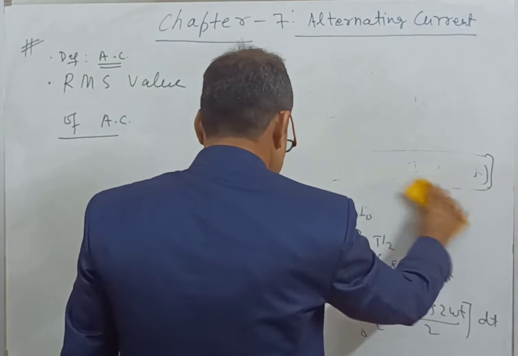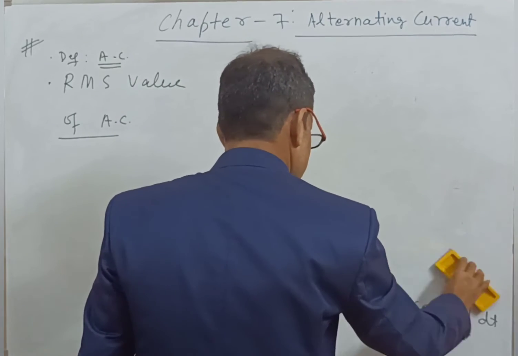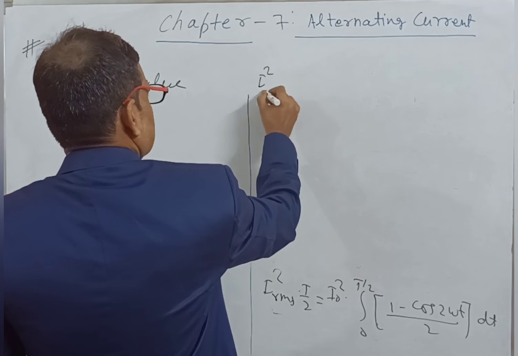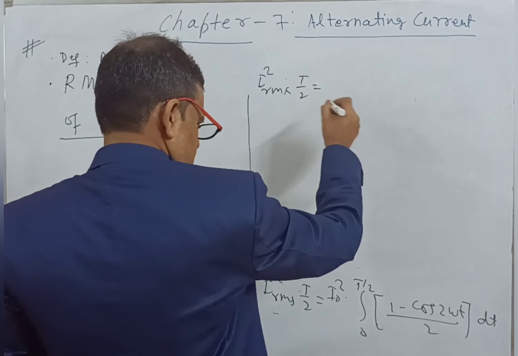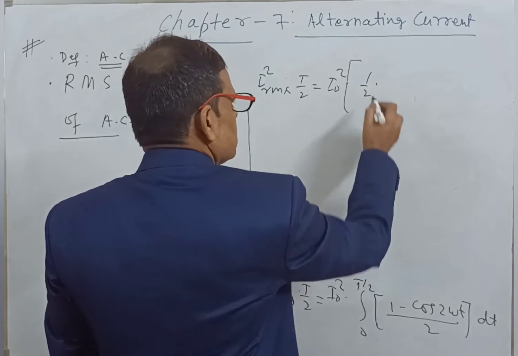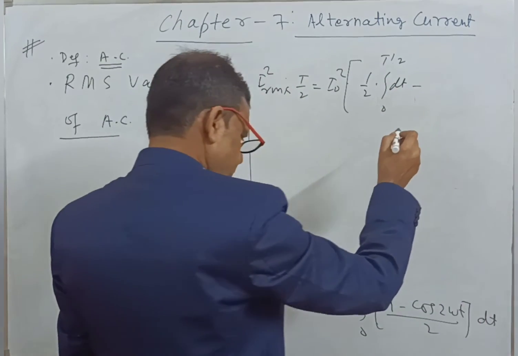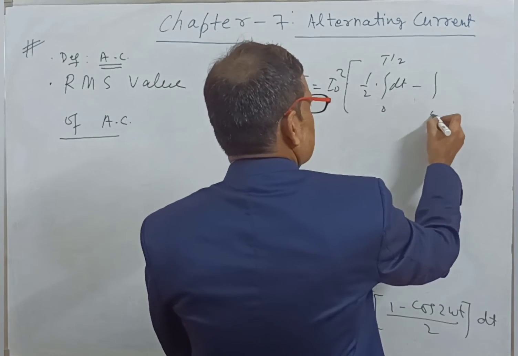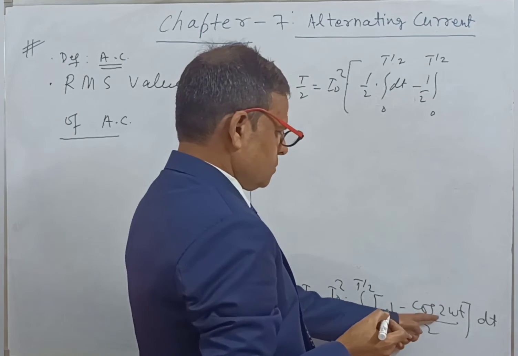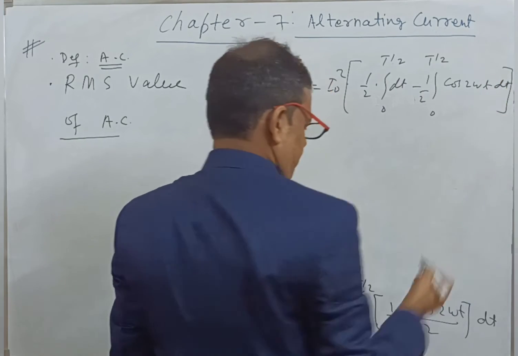After simplifying the RHS, we will get I RMS square into T by 2 equals I naught square into 1 by 2, integral from 0 to T by 2 of dt, minus the integral from 0 to T by 2 of 1 by 2 cos 2 omega t dt. This 2 is common in both.